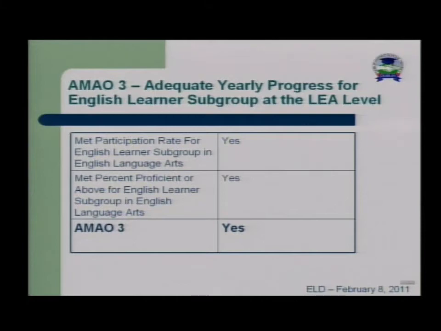So I just thought it would be beneficial for you to see that there's also an accountability measure within our English learner program, and we're constantly looking to make sure that our English learners are acquiring the two goals of ensuring English proficiency, and also meeting the targets for CSTs.